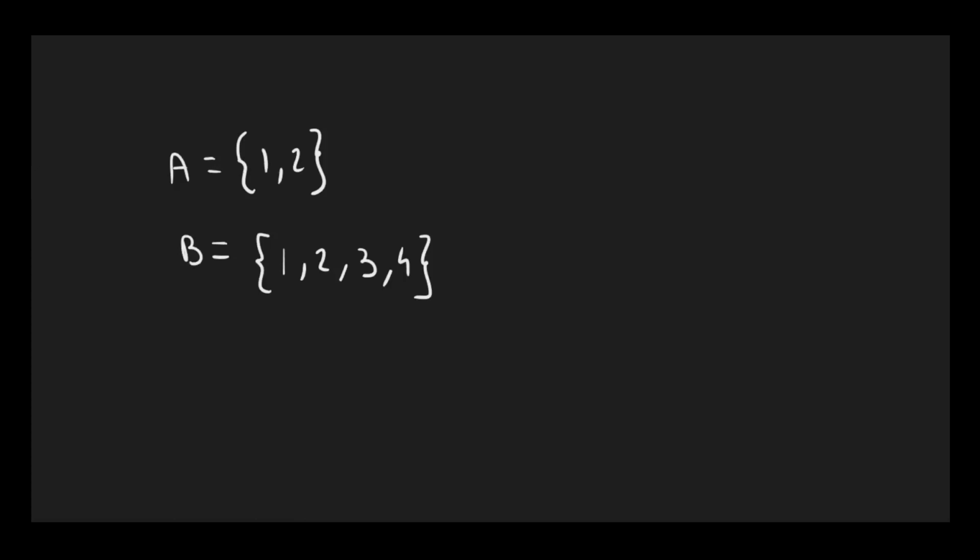Well, A in this case is a subset of B. It means that B already contains every element which is contained in A. Therefore, in this case, A union B is just going to be equal to B, which is 1, 2, 3, and 4. And the reason being is B contains 1 and 2, and A is just made up of 1 and 2, and the union is the list of non-duplicate elements. So in this case, A union B is just going to be equal to B.